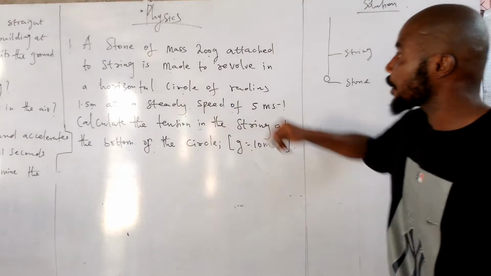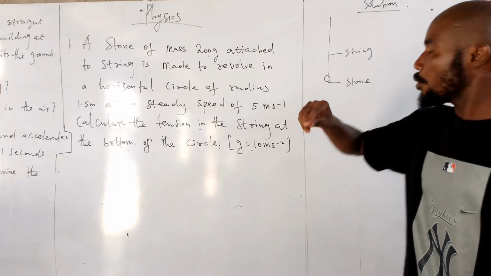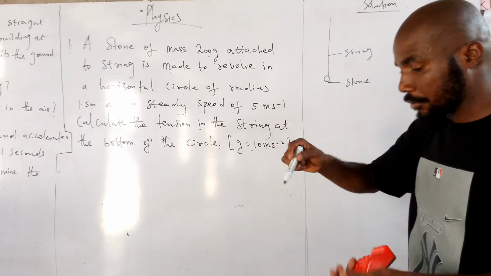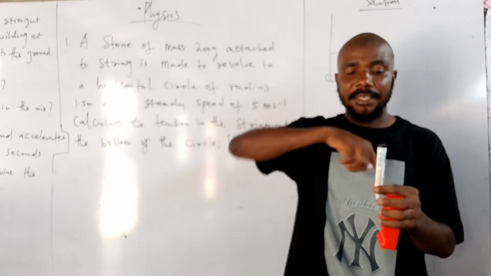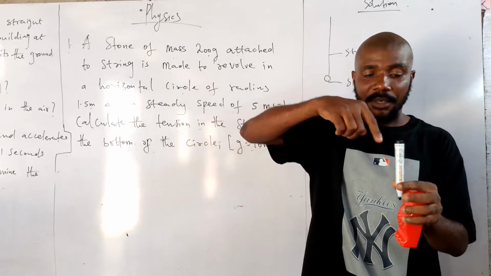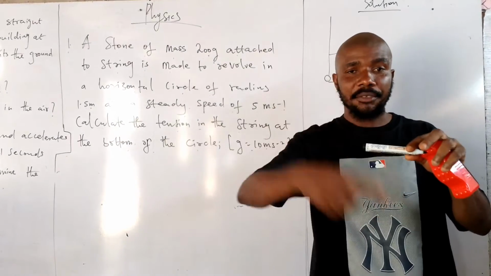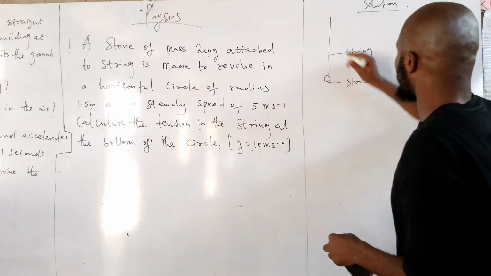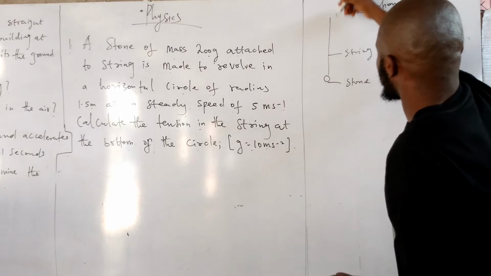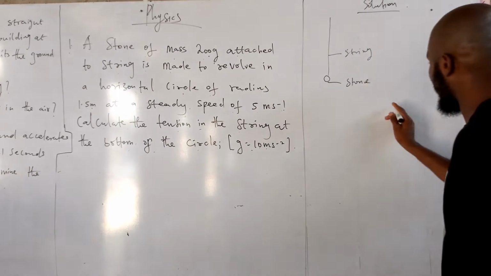It's meant to revolve in a horizontal circle. So we want to turn this in a horizontal circle. Recall that this is vertical, while this is horizontal. So I want to rotate this particular stone on a string in a horizontal circle.